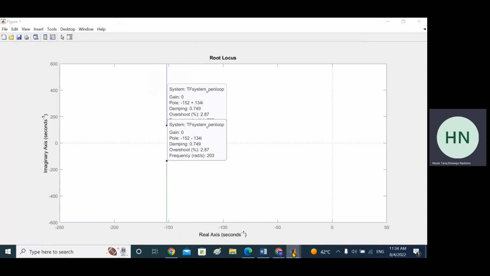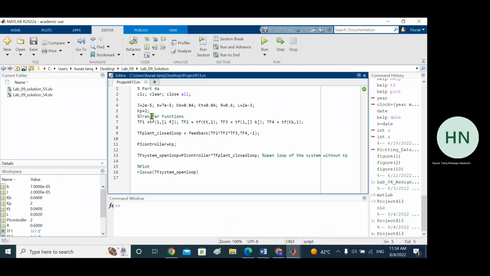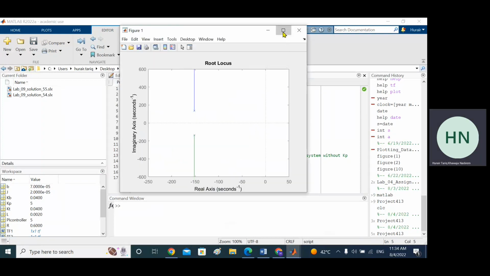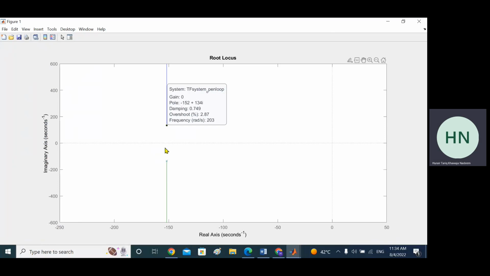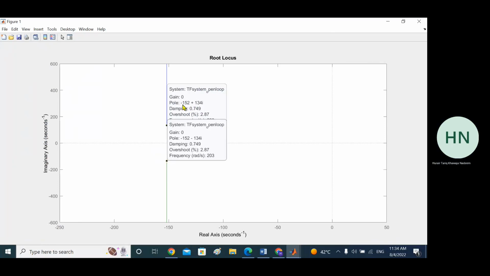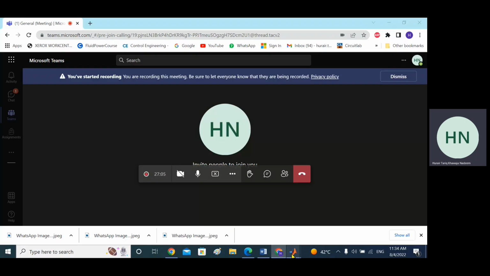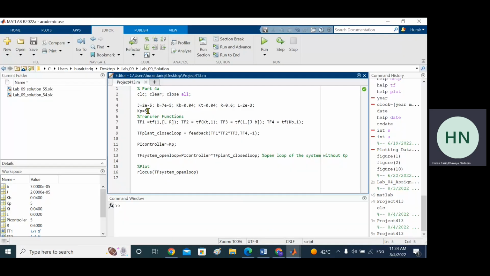If I change the value of K again, for example make it 5, and I run it, again you get the same graph, minus 152 plus 134, the same graph. This means that the root locus is actually not dependent on the value of KP. So you can choose any value of KP.